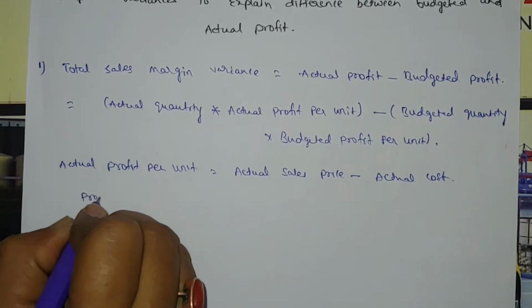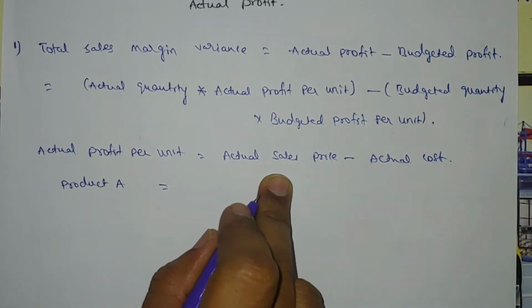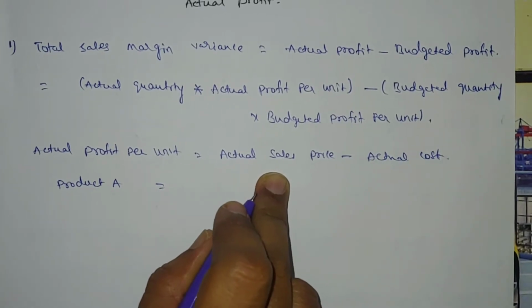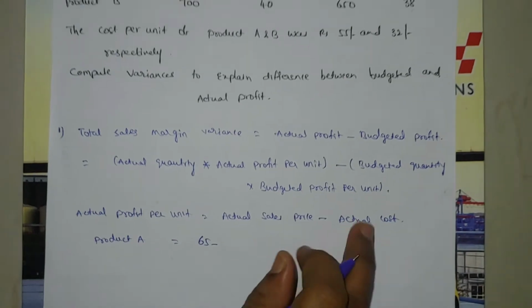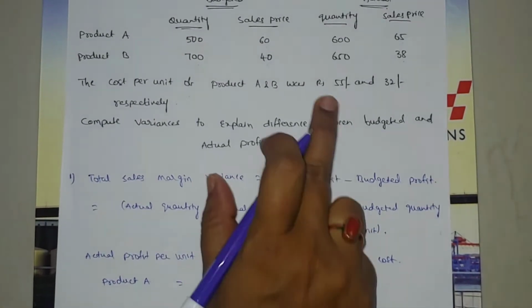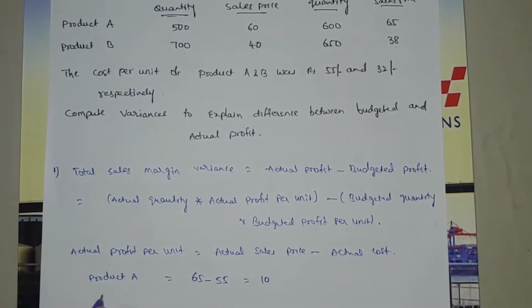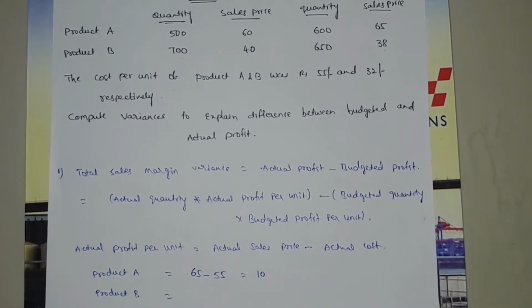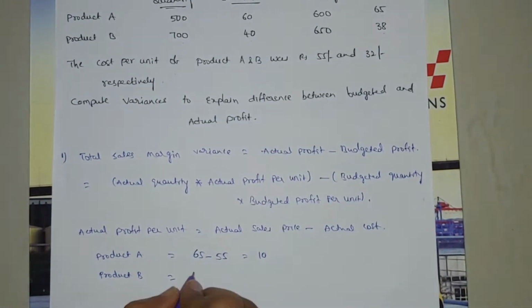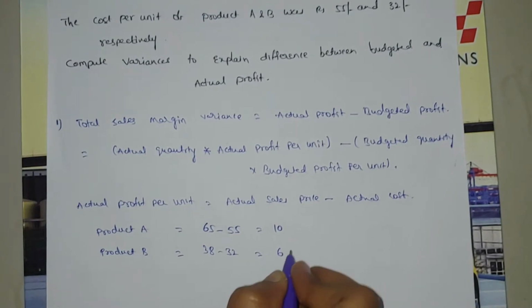First, product A. In this product A, actual sales price is equal to 65 rupees. Next, actual cost is equal to 55 rupees. 65 minus 55 is 10 rupees. And next, product B: 38 minus 32 equal to 6.